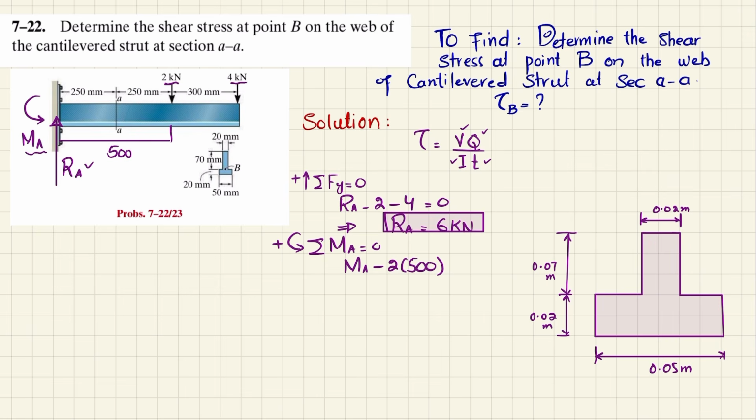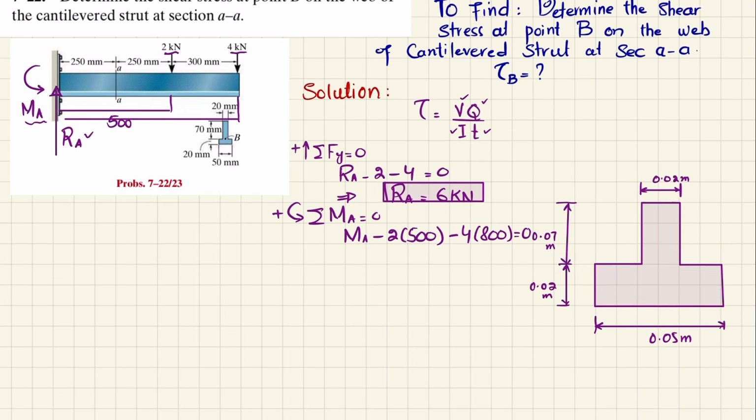The third moment is due to 4 kilonewton and the perpendicular distance is now 800. So minus 4 into 800 is equal to 0. When you solve this, you will get the moment about point A as 4200 kilonewton millimeter, or in terms of meter, this is equal to 4.2 kilonewton meter. Now you have this moment as well.